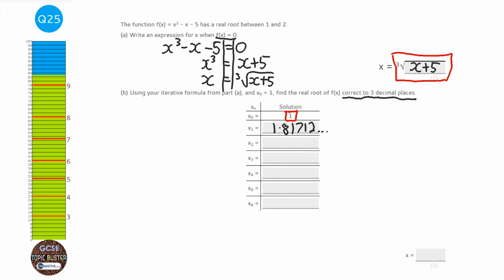Then I press equals, and I get 1.89612 and so on. So I'm going to do the same again: the cube root button, answer plus 5, and we've got 1.9034 and so on.